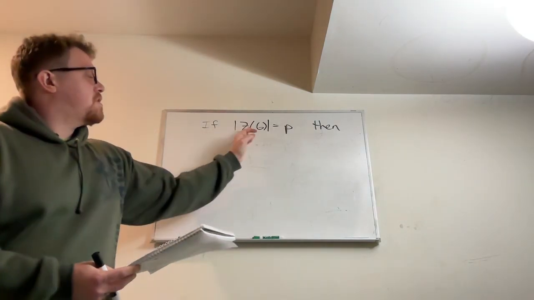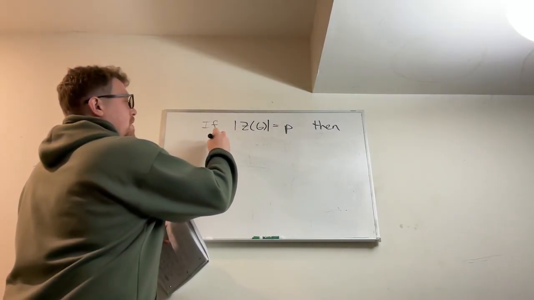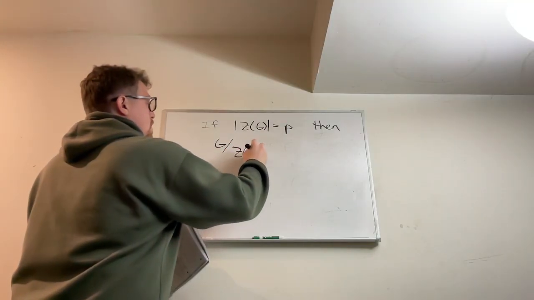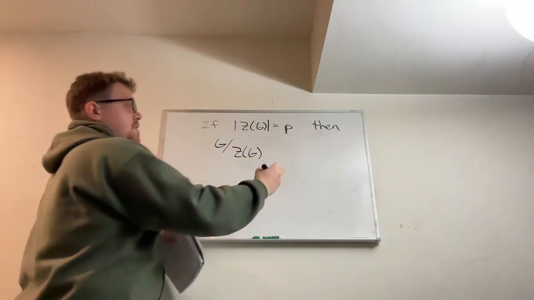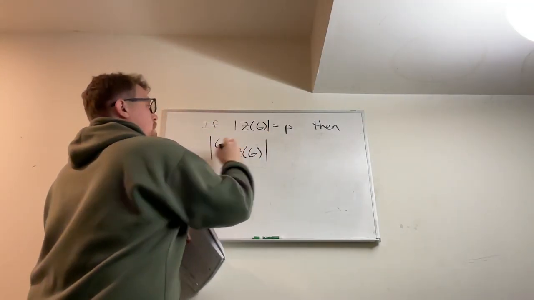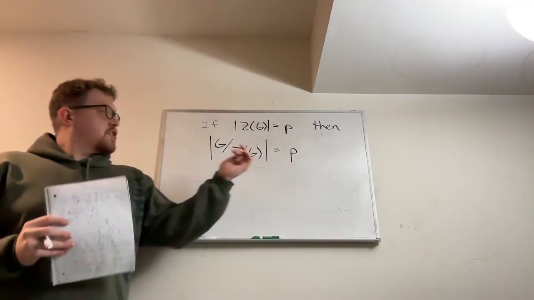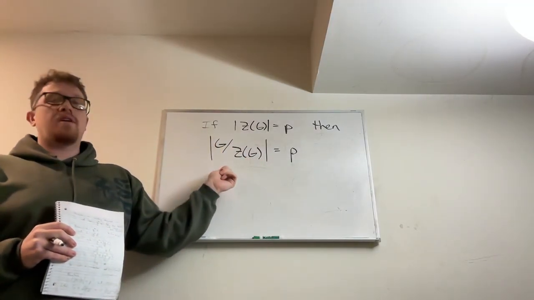So if the center has order p, then we know that G mod the center also has order p, because p squared divided by p is p. And you can also show that the center is automatically a normal subgroup, so G mod the center is a group itself.